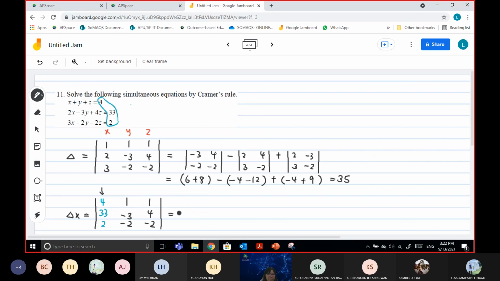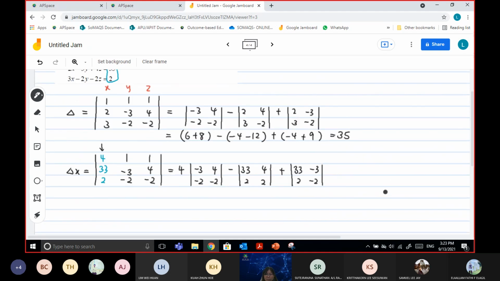Then you just find the determinant as usual. So this first one is a 4, then the second one will be a minus, then the third will be a plus. Blocking first row and first column, you have -3, -2, 4, and -2. For the second, blocking first row, second column, 33, 2, 4, and 2. Third, blocking first row, third column, 33, 2, -3, and -2.